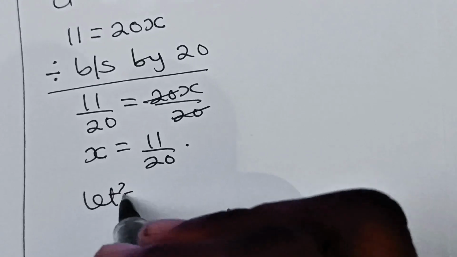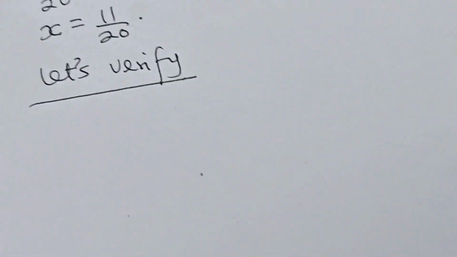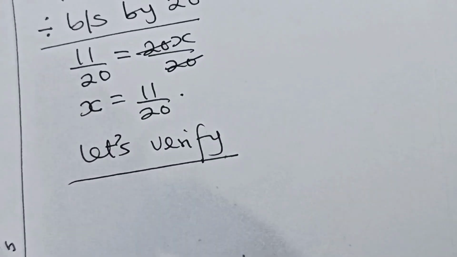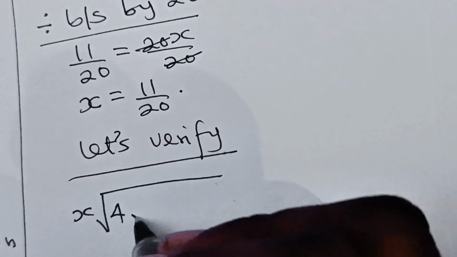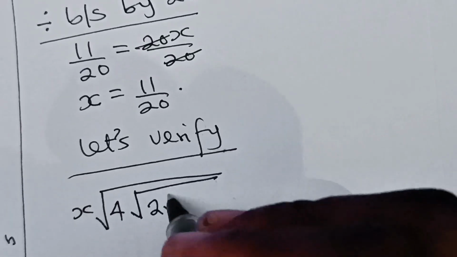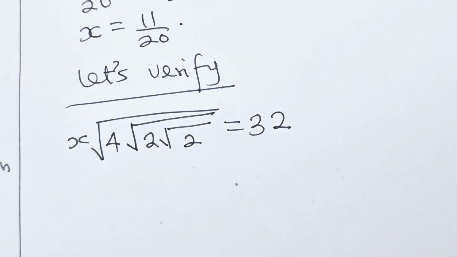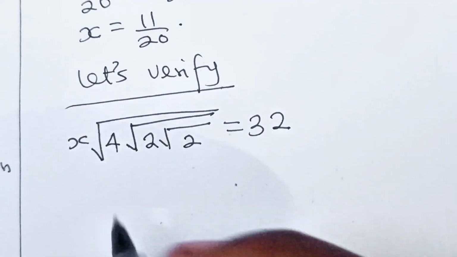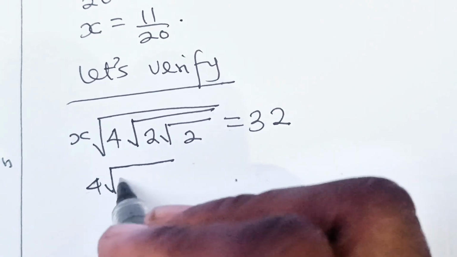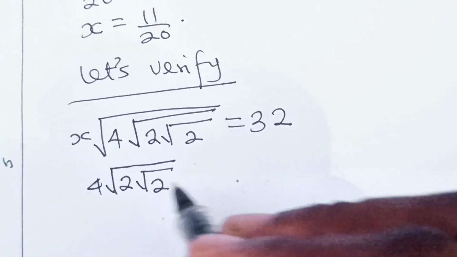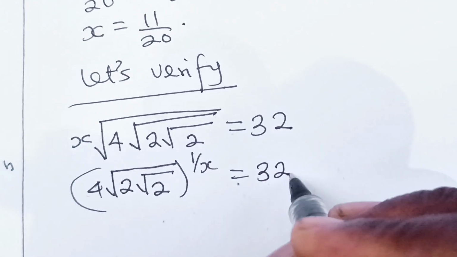Now let's verify. This is another part of this video that you are going to enjoy. So according to the equation, we are told that x root 4 root 2 root 2 is equal to 32. Remember that this is the same as 4 root 2 root 2 raised to the power of 1 over x is equal to 32.